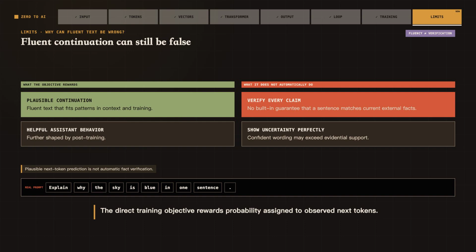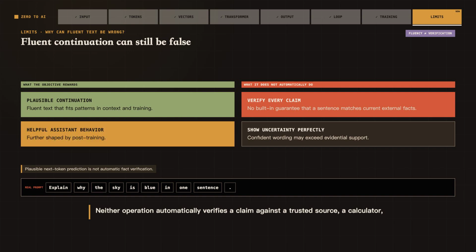The direct training objective rewards probability assigned to observed next tokens. The inference mechanism produces likely continuations under the learned distribution and current context. Neither operation automatically verifies a claim against a trusted source, a calculator, a live database, or the physical world. The model can produce an accurate sentence because the learned patterns and context support it.